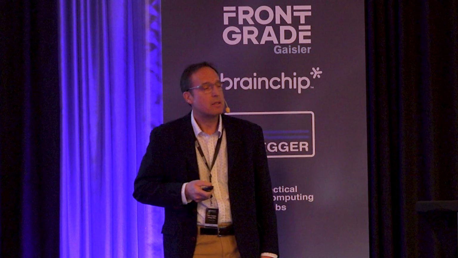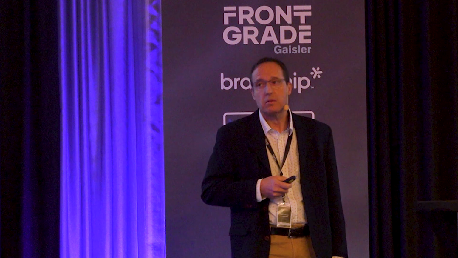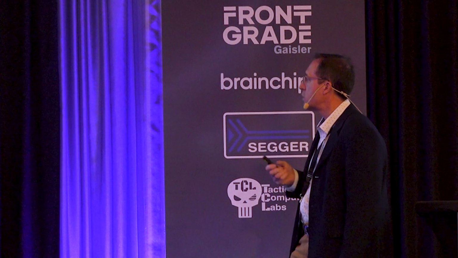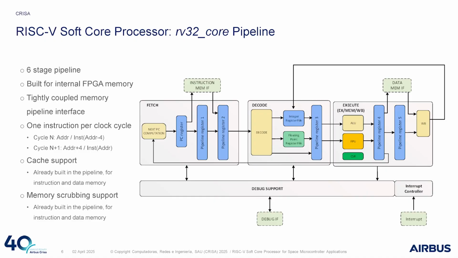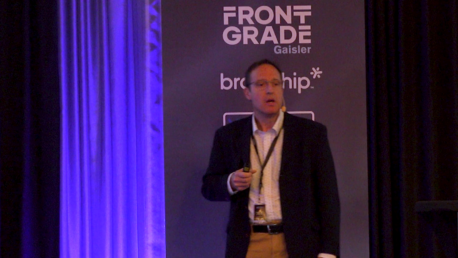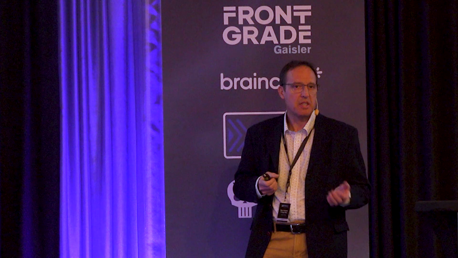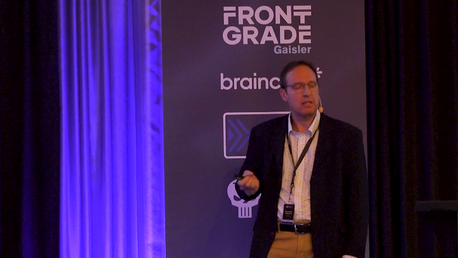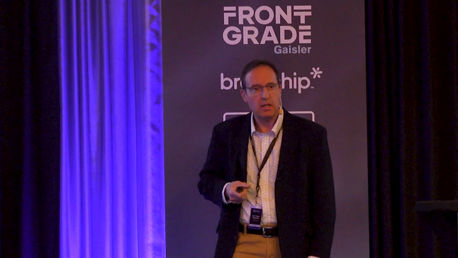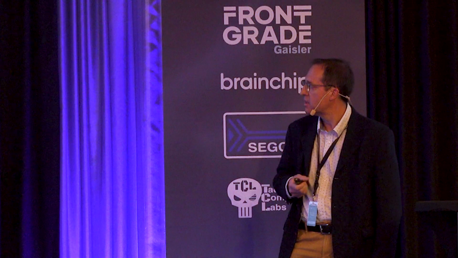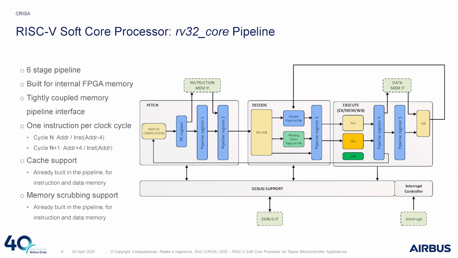Regarding the pipeline of the core, this is pretty standard, but we have built it considering that the target device is an FPGA. So the main constraint is that the FPGA memories will give you the data when you read, or write the data when you write, in the next clock cycle after the clock cycle in which you emit the address. So everything is built around this.